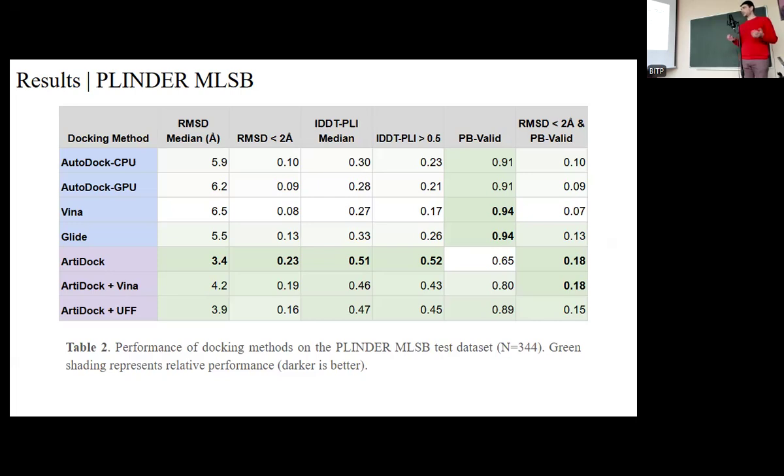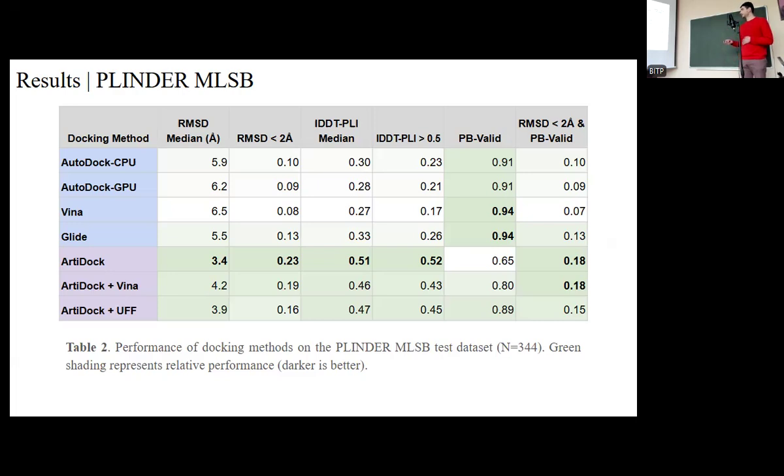But at the end of the day, we don't know which conformation is optimal. And this test subset called Blinder MLSB is addressed to assess performance of docking tools in such a ligand unbound scenario when we don't know the optimal protein conformation.